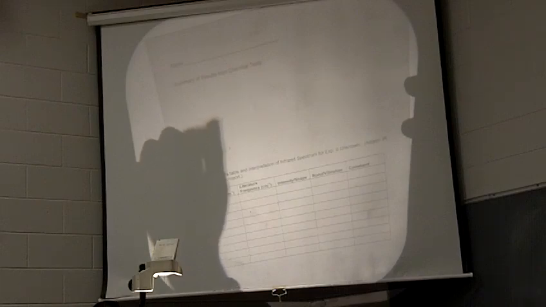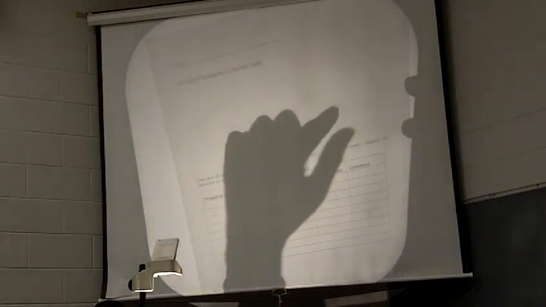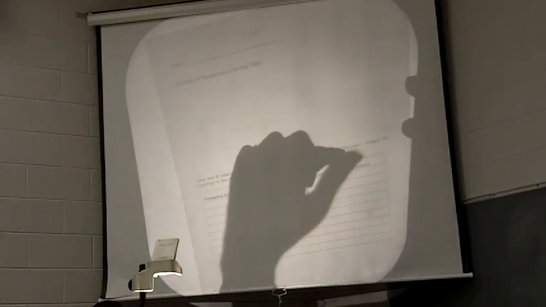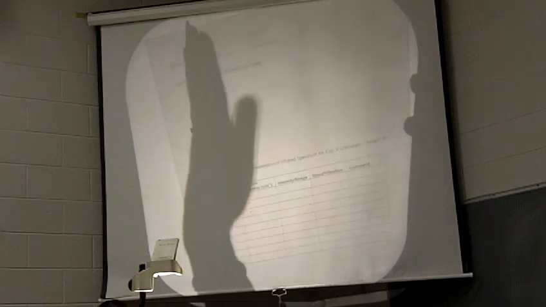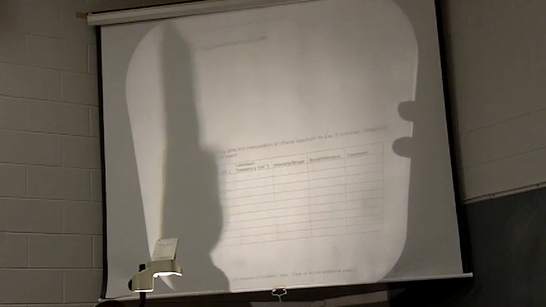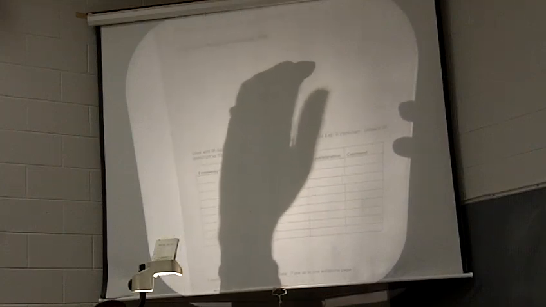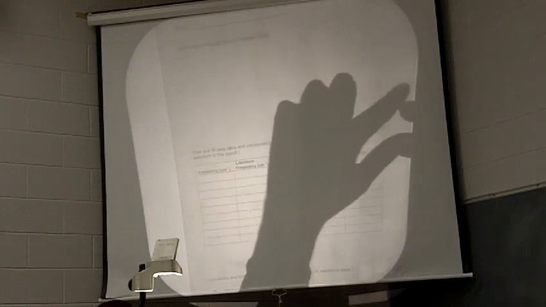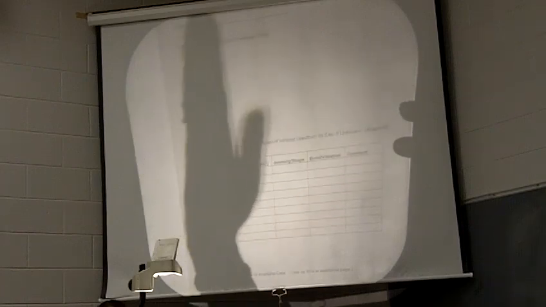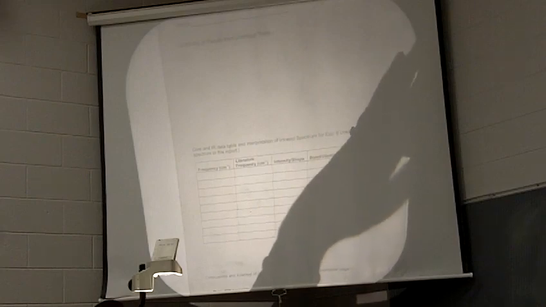Then you're going to list all of your chemical characterization tests, and you want to give what were the observations and then what do those results mean. Okay, so you don't want to give just the chemical test, was it positive or negative. Give the chemical test. So for example, 2,4-DNP, yellow-orange precipitate formed. That means positive for a ketone, okay? So you want to make sure you give the test, give the observation, give what it means.